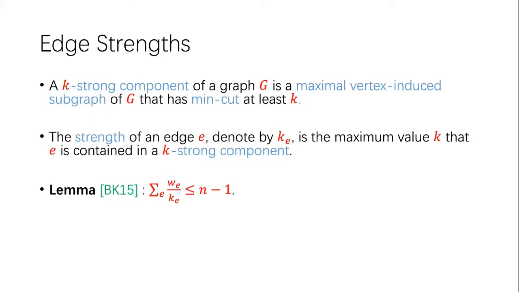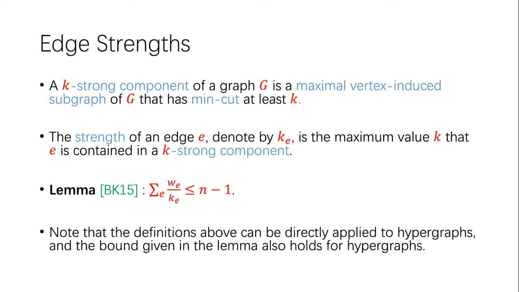A well-known result shows that the summation of w_e, the weight of e, over k_e, the strength of e, is smaller or equal to n minus 1. The definition above can be directly applied to hypergraphs, and the bound given in the lemma also holds for hypergraphs.